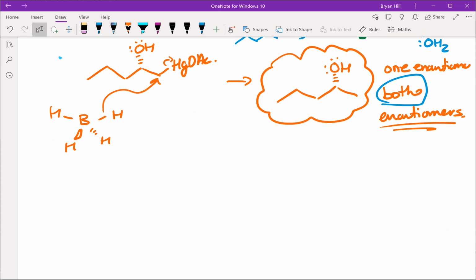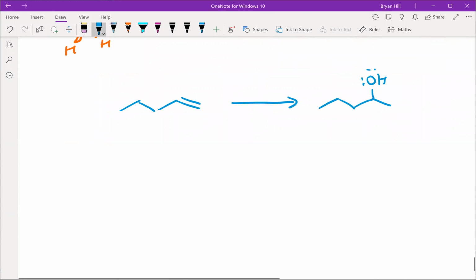So if you've got a terminal double bond, you're going to end up making the secondary alcohol. If you have a double bond that is, actually, let's change this just a little bit.